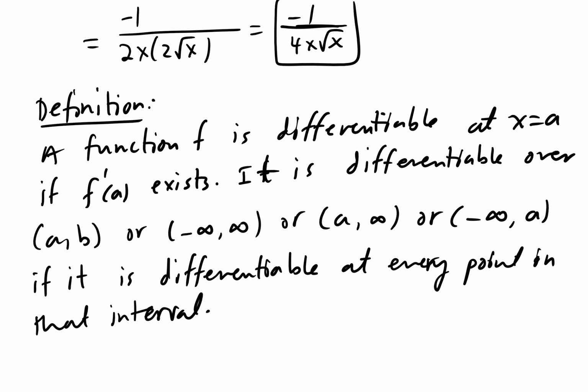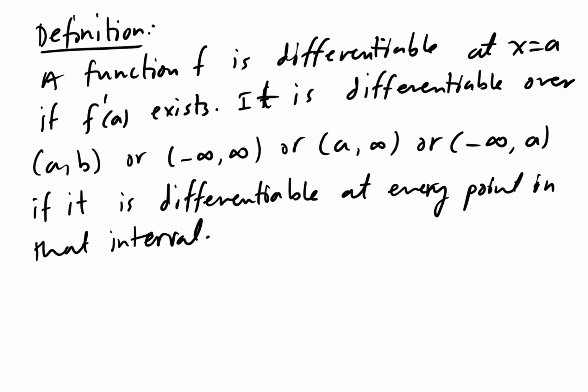So we say a function is differentiable over any of these intervals if it's differentiable at every point in that interval. It means the derivative at every single point in that domain or that interval exists. Of course, it's hard to comprehend the whole concept unless you see examples.